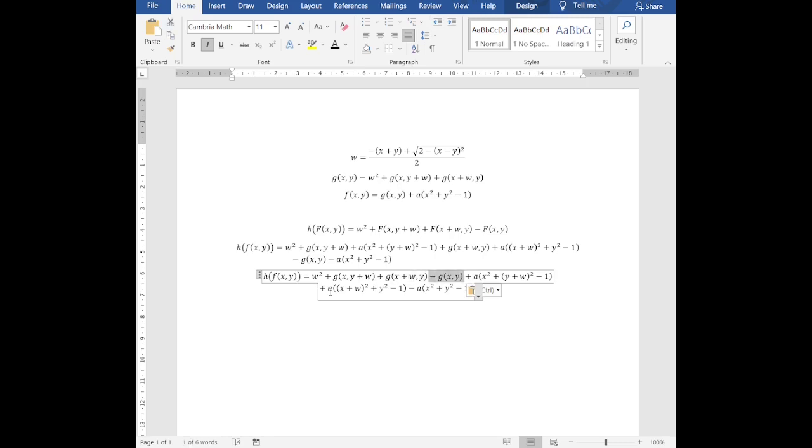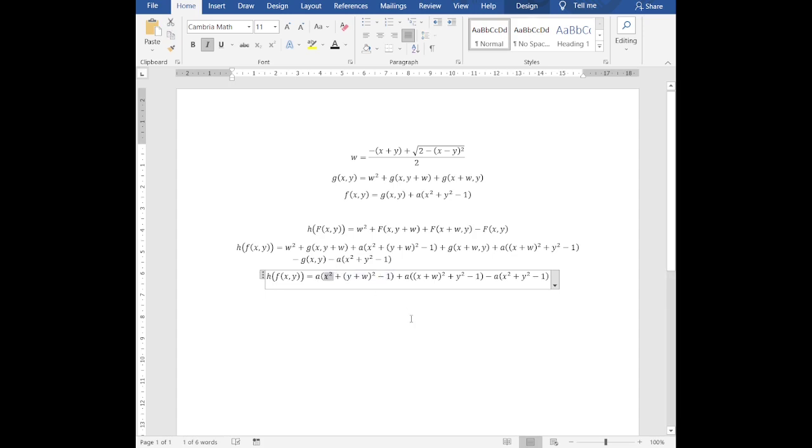Okay, and we're now going to see that, hey, this is the left-hand side of that. So I'm going to substitute. So this in particular is equal to this, which is therefore equal to this, which means I can substitute this in. And hey, g of x, comma y minus g of x, comma y. Brilliant. We're now left with this equation.